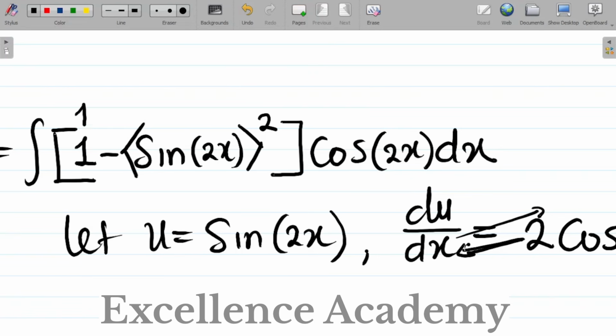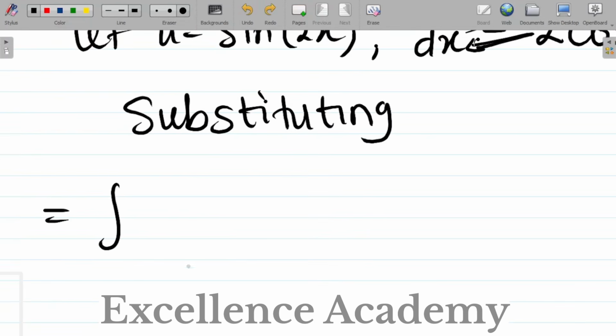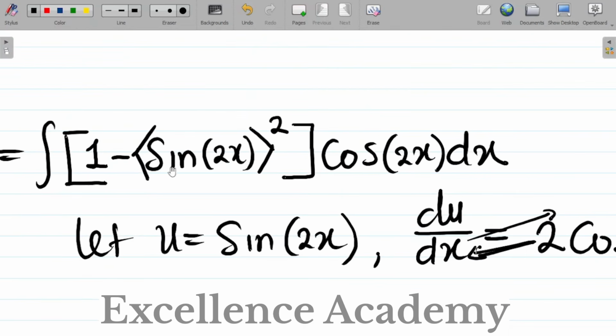So that becomes 1 minus u, all squared. Let's write that down. That becomes 1 minus u all squared. That's 1 minus sine 2x, that's u, all squared, multiplied by cos 2x.